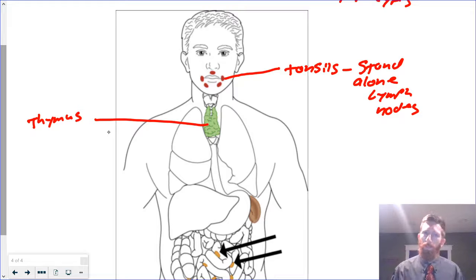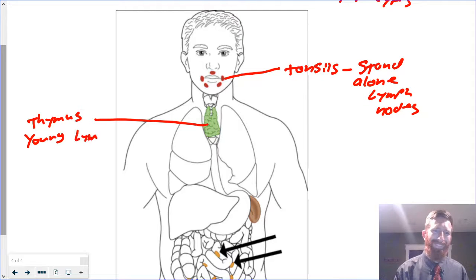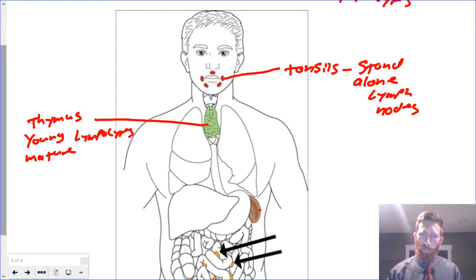So it teaches those B cells and it teaches those T cells how to act. So thymus, this is where young lymphocytes mature, kind of like high school. Young lymphocytes mature.